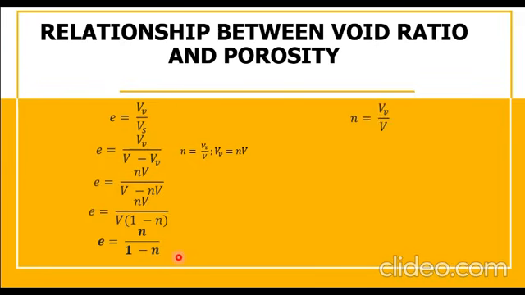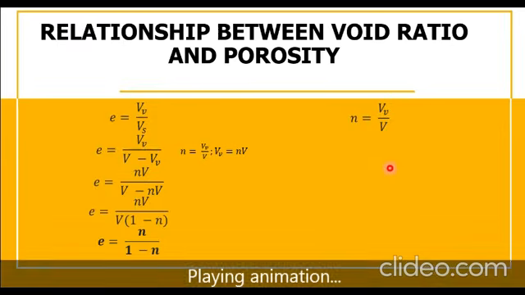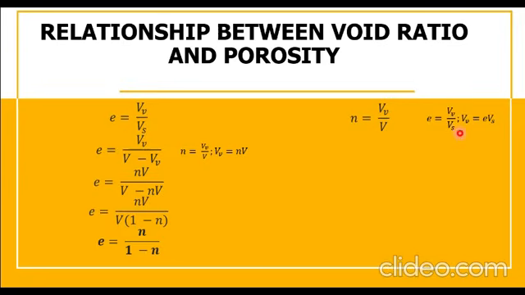Also, we need to recall that n is equal to Vv over V. In that, e is equal to Vv over Vs. That's why Vv here is equal to eVs. If we substitute that in the formula of porosity, Vv will be eVs and the total volume is equal to volume of voids plus volume of soil solids. So again, substitute Vv here.